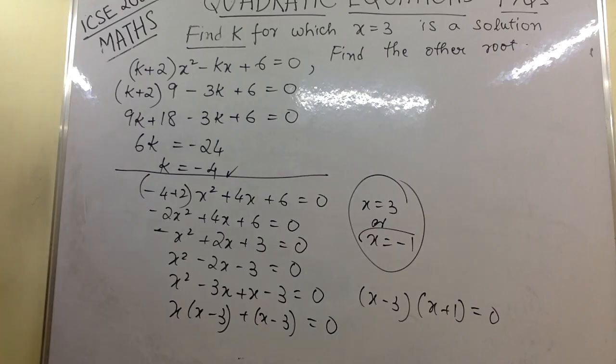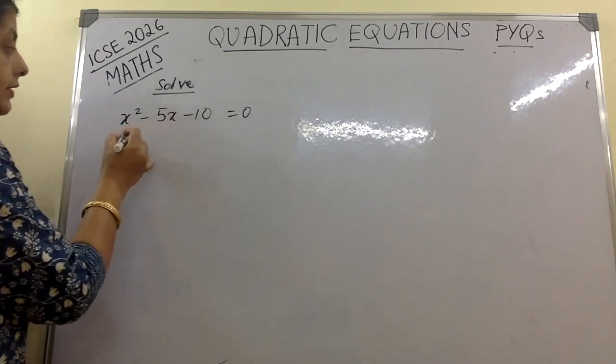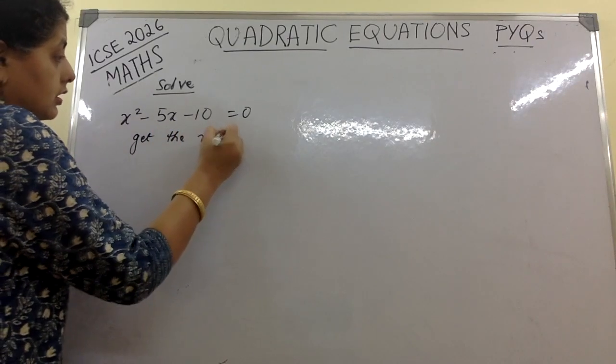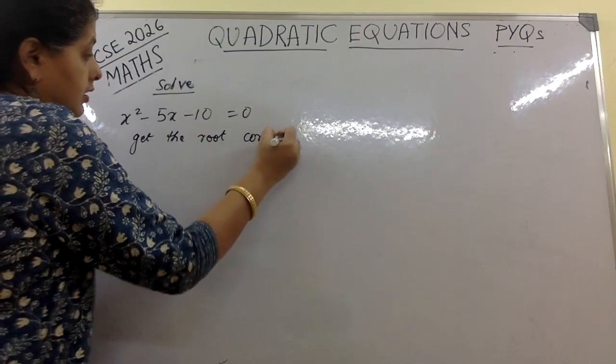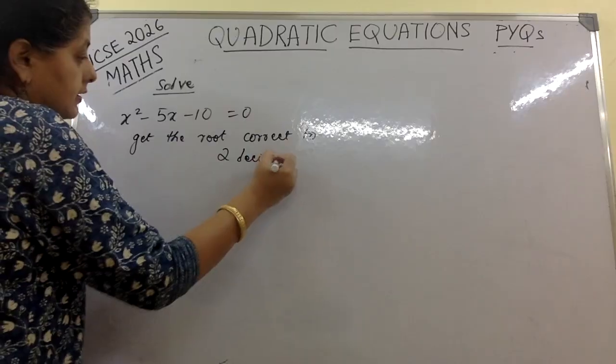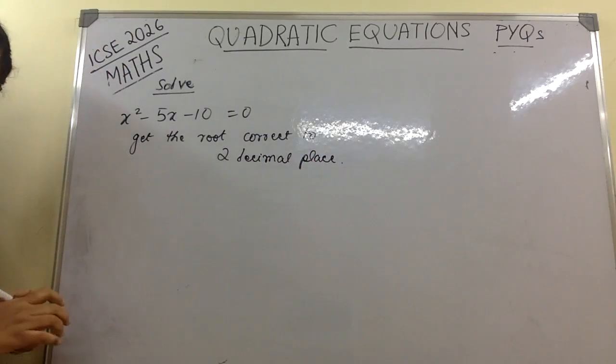Okay, so let's see the next question. Here, solve this and get the root correct to two decimal places. This is the question.